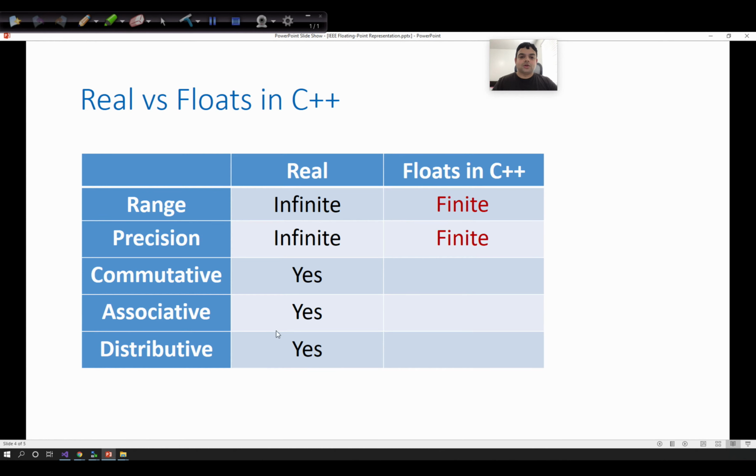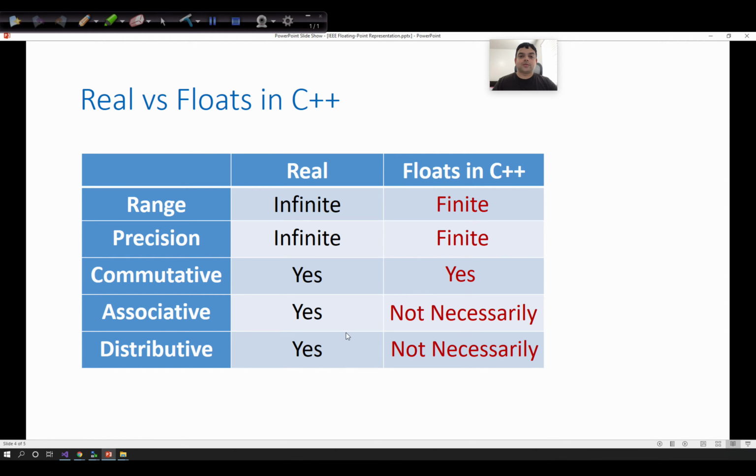Now let's look at other differences. We know that real numbers are commutative. That is, when we add two real numbers, a plus b, it is also equal to b plus a. But is this true for floating point numbers in C++? It is true for floating point in C++ also. However, floating point numbers in C++ are not necessarily associative and distributive.